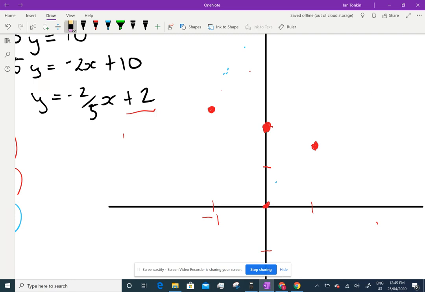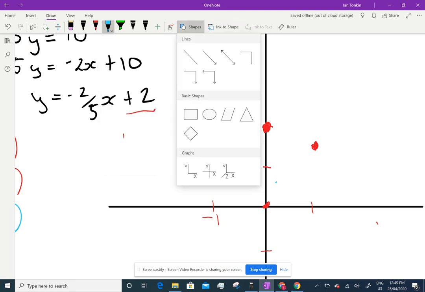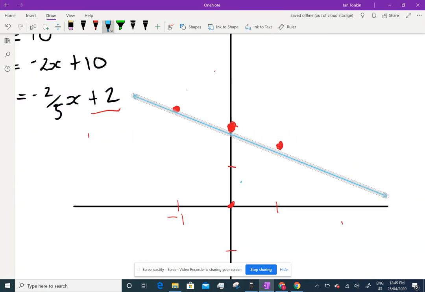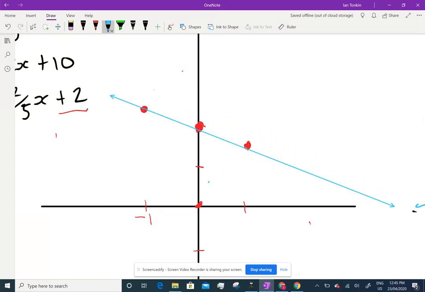Why are you so slow? Righto. Here we go. Let's try that again. I'm going to have trouble with this. Get rid of that again. Try again. That'll have to do. And as you can see, I haven't got my graph long enough.